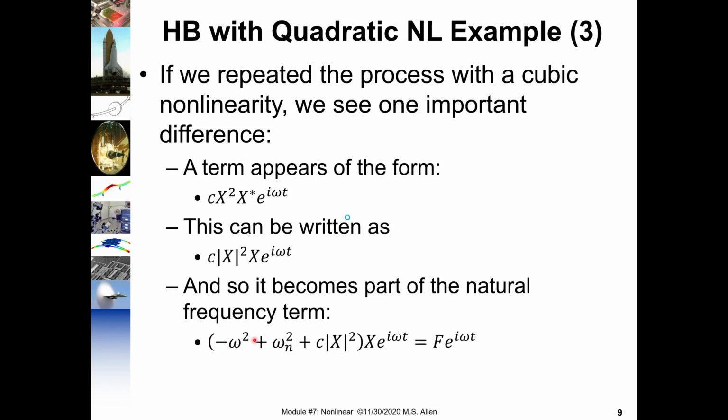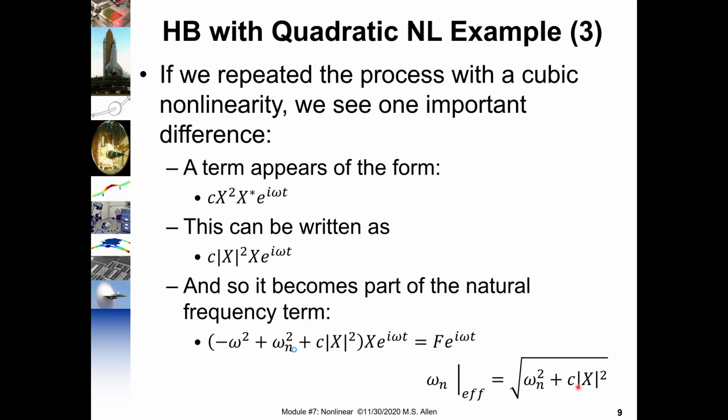Note this was our mass term. We have now two stiffness terms, and one of them depends on vibration amplitude. And then we have the forcing term. So this tells us that this term has to be our effective natural frequency squared. Or in other words, the effective natural frequency depends on vibration amplitude.